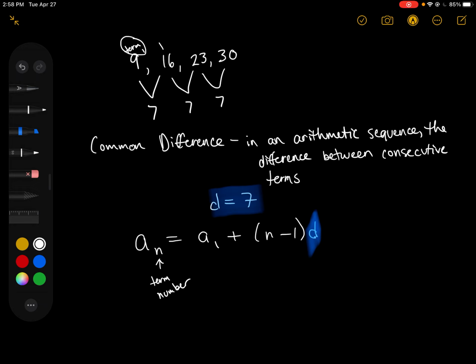N is just the number in the sequence. So if you're looking for term number 7, term number 2. To be clear, this is term 1 right here. This is term 2. This is term 3. This is number 4. So if you're looking for any of these terms in the sequence, that is just literally the order that it is.